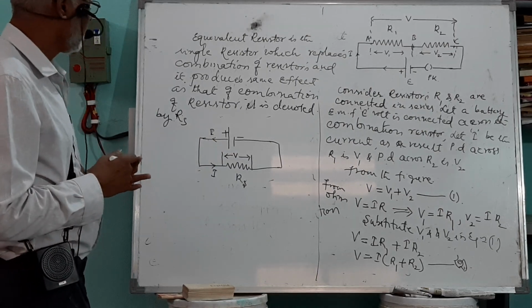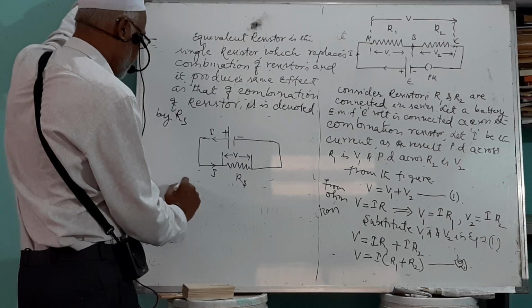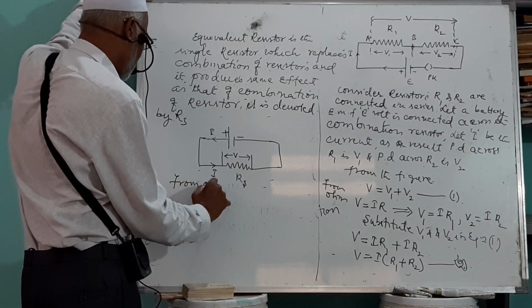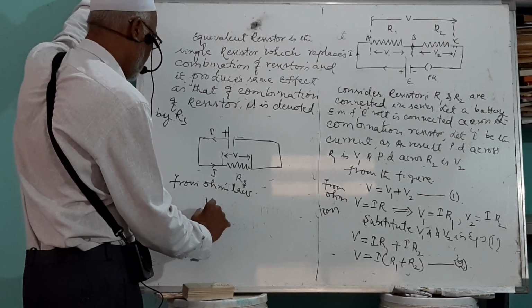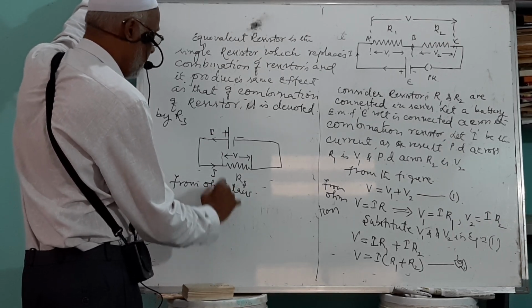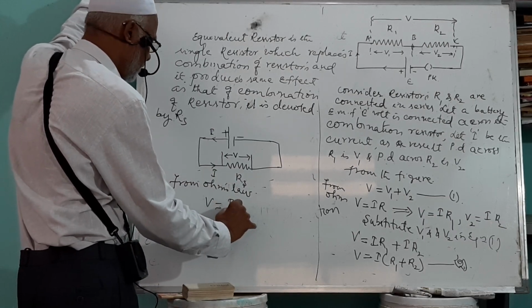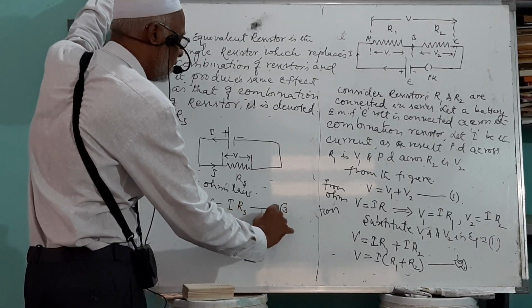You see that from Ohm's law, V is equal to the product of current I and resistance Rs. Let us call this equation 3.